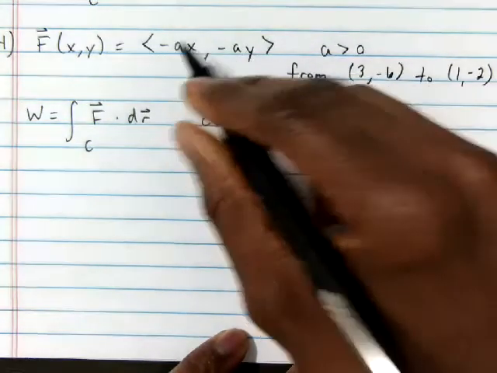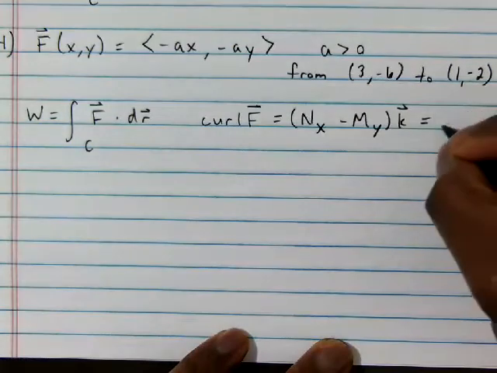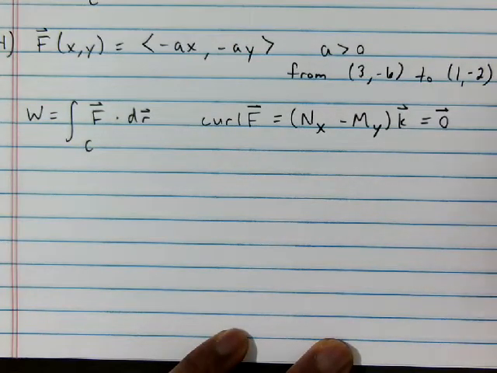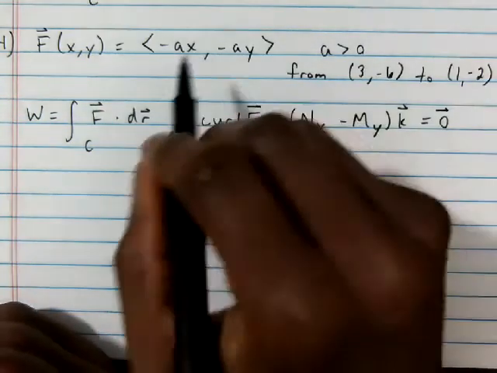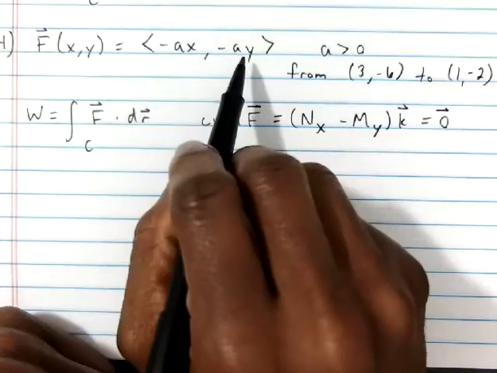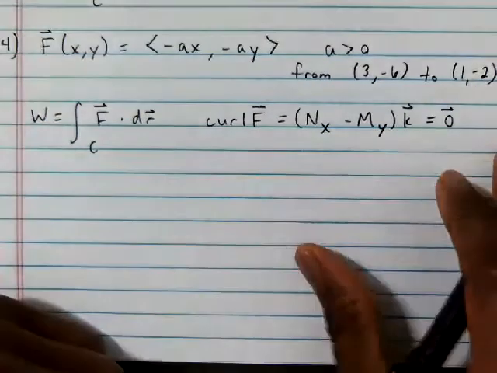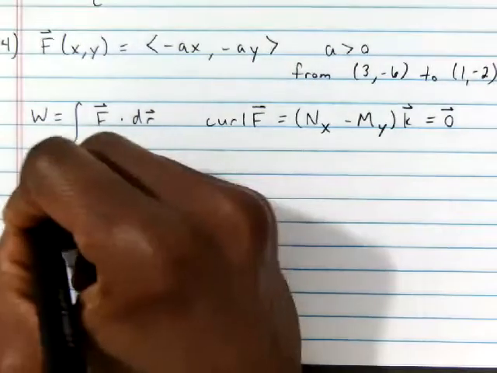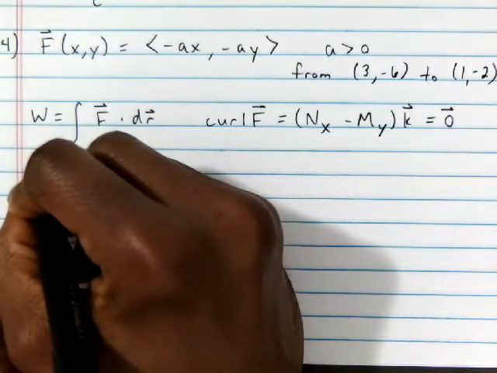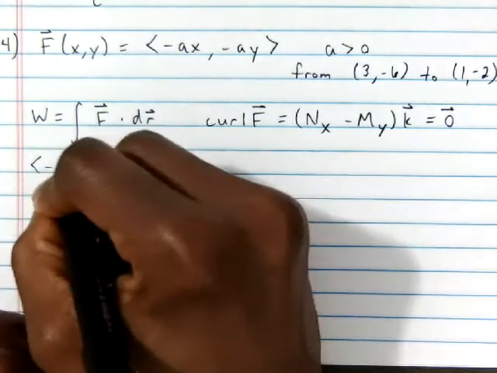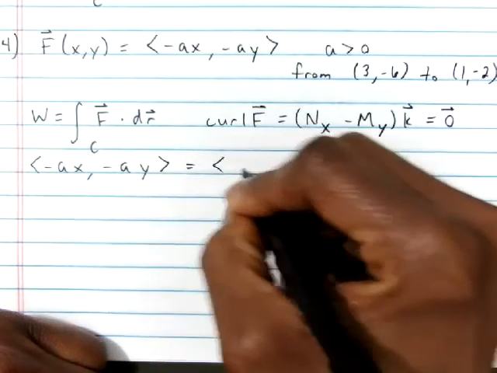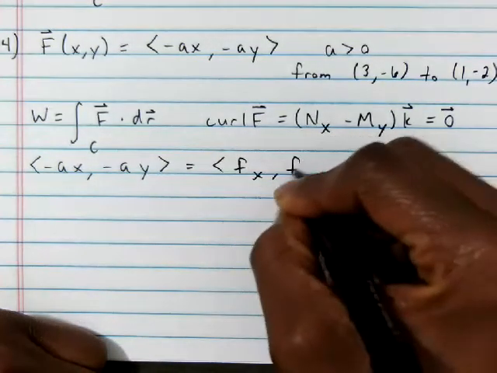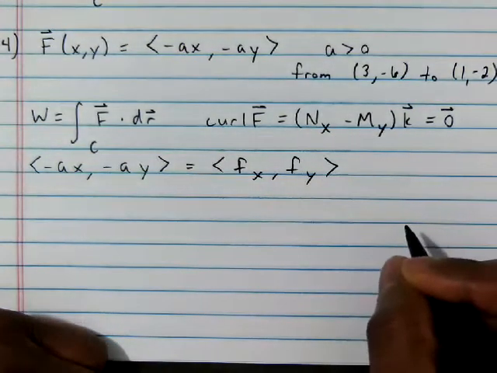This will be 0 minus 0, so this is indeed the 0 vector. So now let's see if we can find a scalar function f such that the gradient of that scalar function is this. So we're looking for negative ax comma negative ay to be equal to f sub x comma f sub y.